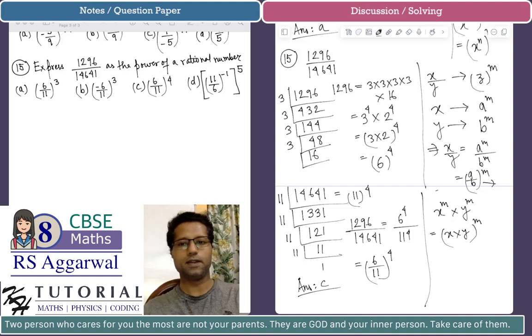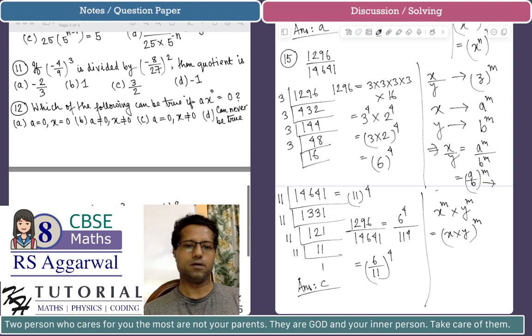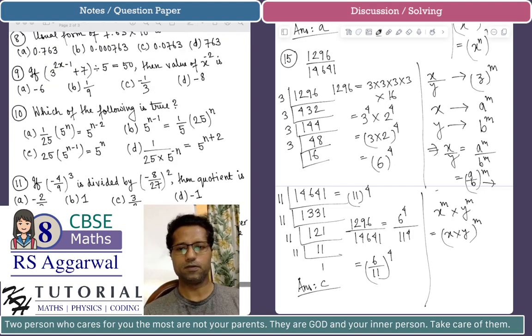So this brings to an end the solving of the first sample test paper, test paper number 1, on the chapter of exponents. These problems are good enough to evaluate your understanding of the concepts of the chapter of exponents, that is laws of exponents, and whatever topics we have discussed.